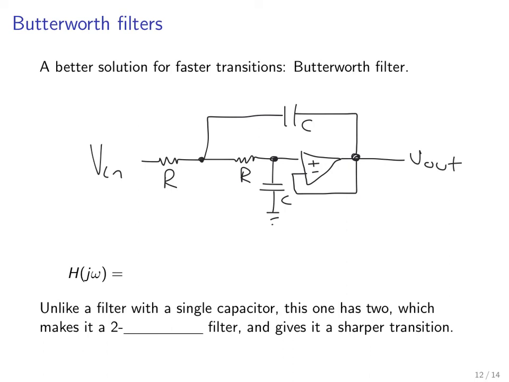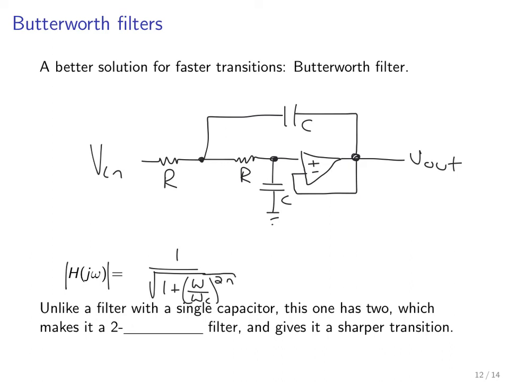It's a bit different type of layout than we've seen with the filters we've worked on so far, but it's actually still pretty straightforward to derive the transfer function. And if you were to do that, you would find that the magnitude of the transfer function is equal to 1 over the square root of 1 plus (omega over the cutoff frequency omega c) raised to the 2n.